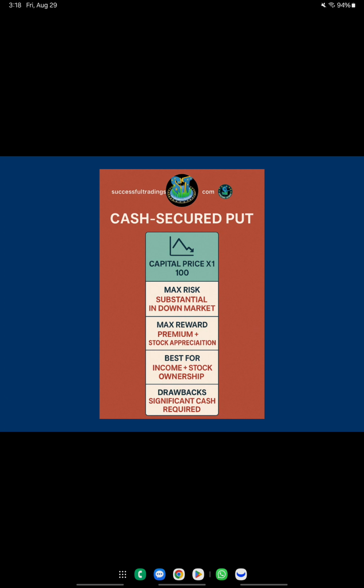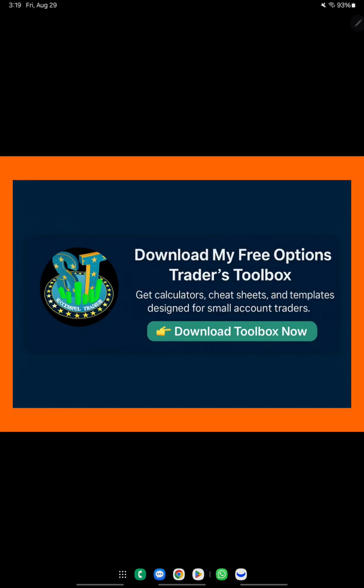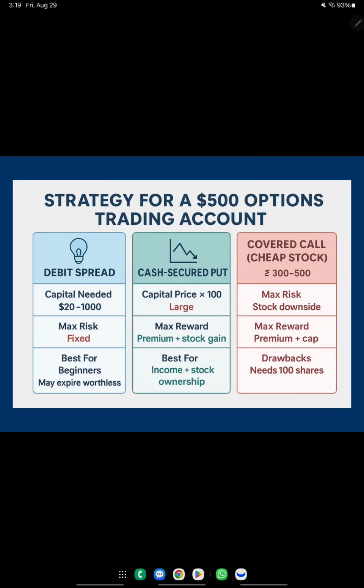So which strategy should you really use? As a beginner trader with a $500 account, let's compare the pros and the cons. For a beginner trader with a $500 account, our recommendation will be to start with the debit spread, because your capital required from the get-go is not that much.